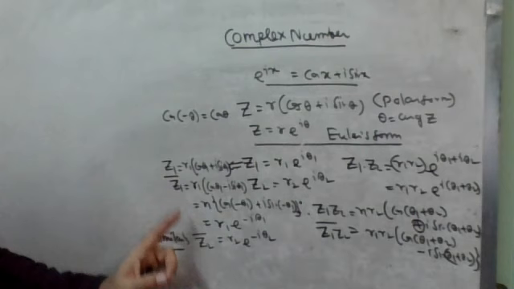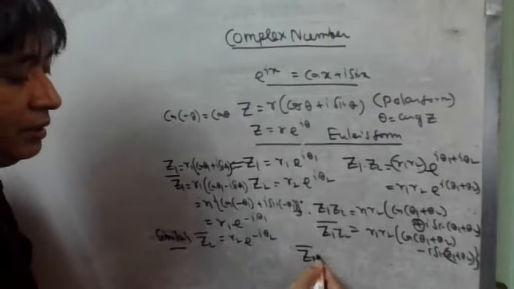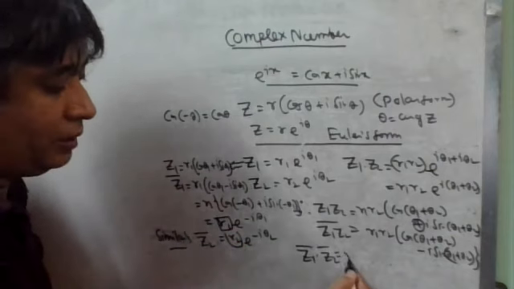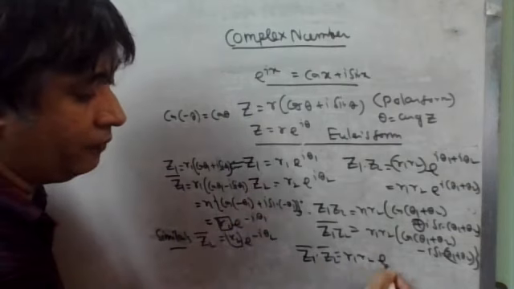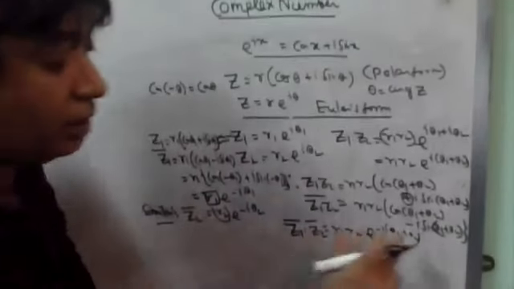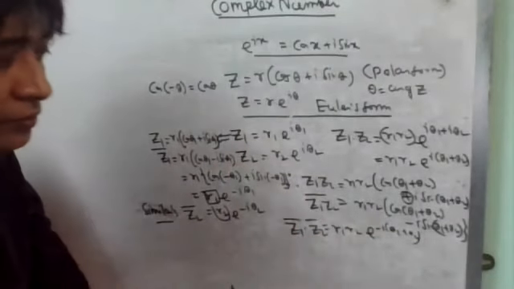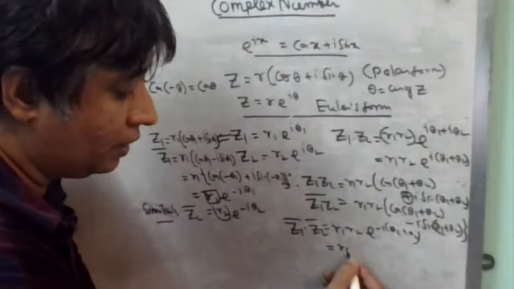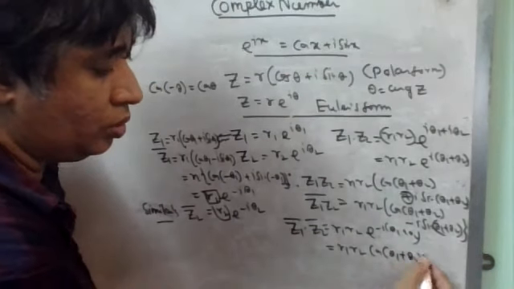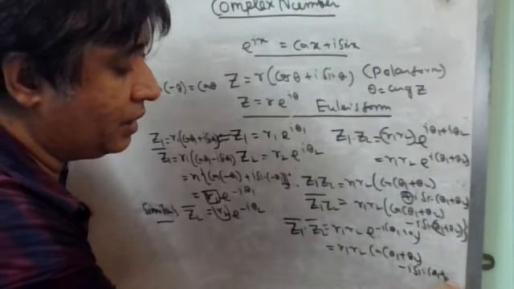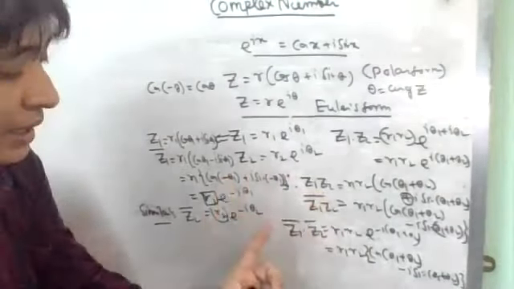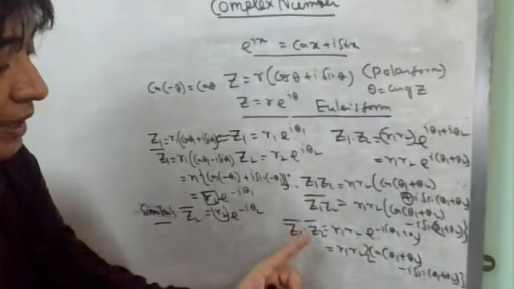Now multiply z1 bar into z2 bar. r1 and r2 will be multiplied, and since the base is the same and the power is different, we get i times theta 1 plus theta 2, with a negative sign. What do you mean by that? Express it in terms of polar form: r1 r2 cos of theta 1 plus theta 2 minus i sin of theta 1 plus theta 2. So z1 z2 whole bar is equal to z1 bar into z2 bar.